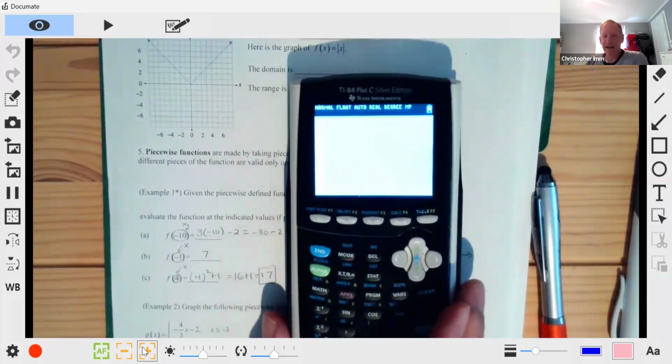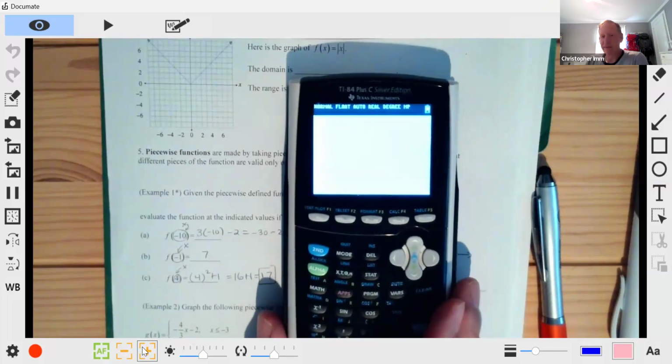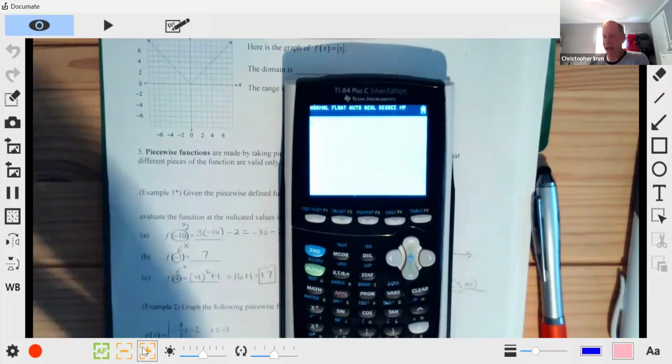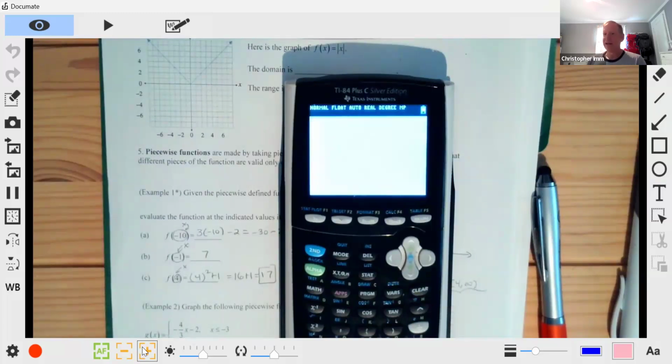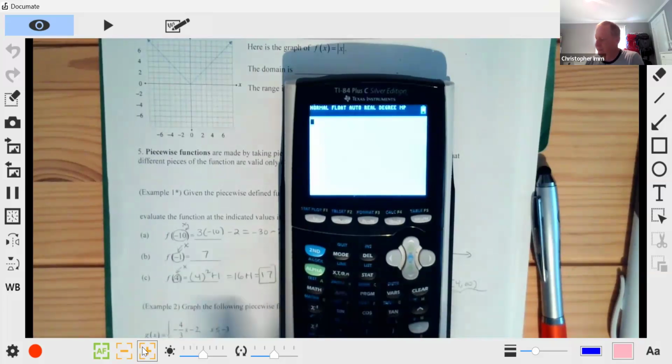The reason that 89s aren't really allowed is because they do too many algebraic manipulations, and that's really what we're learning to do. So it simplifies some of those steps unfairly to other students.